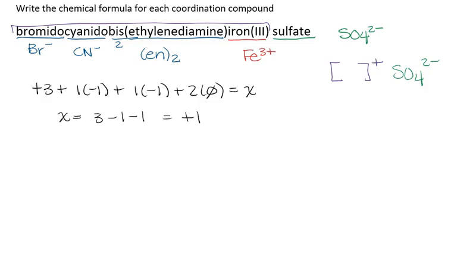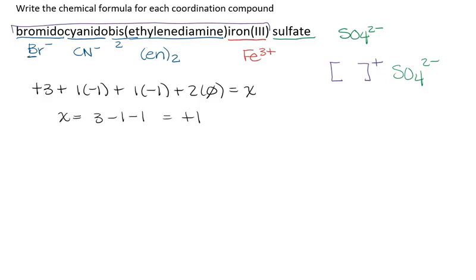So the next part of this is to figure out, how do I write everything in the chemical formula? The metal ion goes first, and then the ligands will go in alphabetical order according to their symbols.